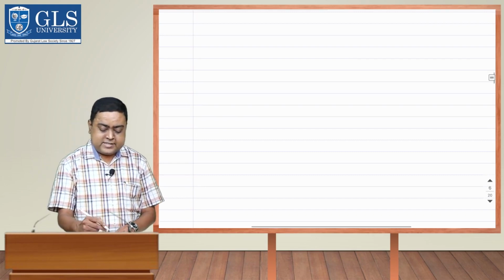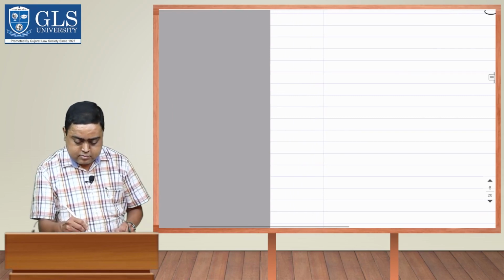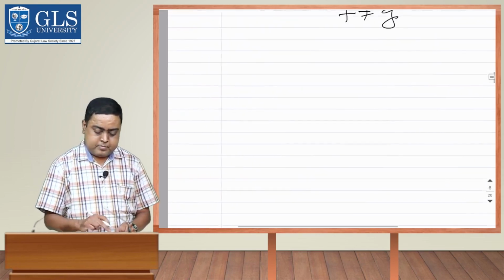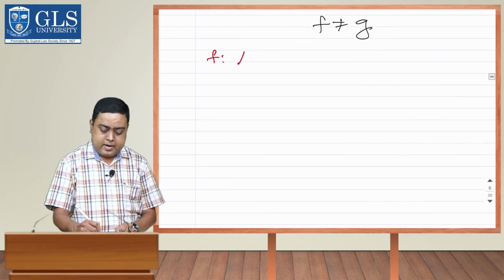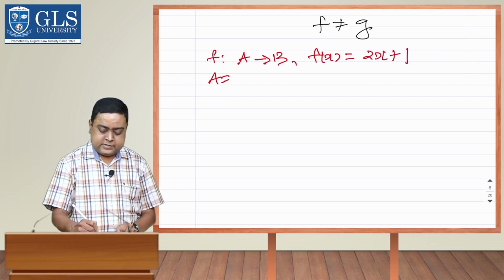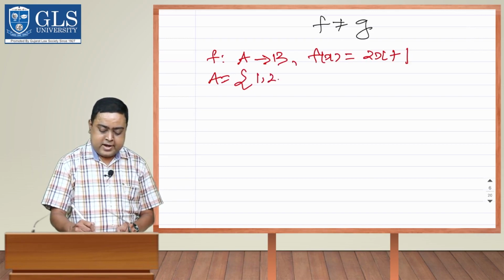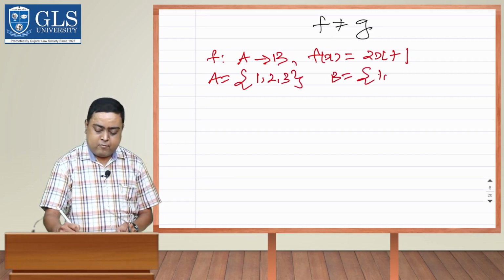So friends, we are given f from A to B. The function is given by 2x plus 1. Set A has 3 elements 1, 2, 3 and B has the elements from 1, 2, 3 up to 10.